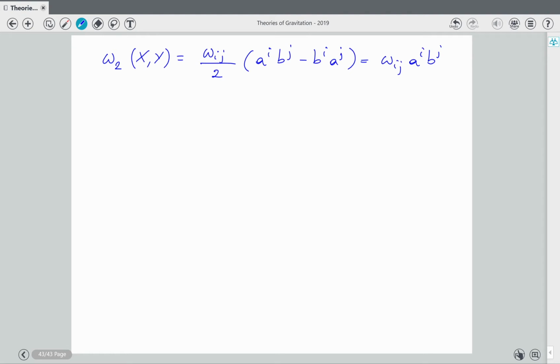And similarly for differential forms of any degree S, you will have locally something like this, 1 divided by S factorial. Here I put this normalization factor S factorial to simplify the result.